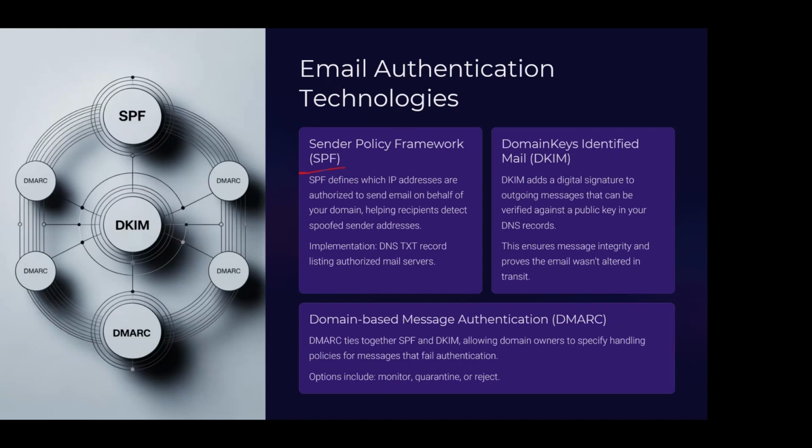This is a standard which defines which IPs are authorized to send emails on behalf of your domain, helping recipients detect any spoofed sender addresses. Then DomainKeys Identified Mail, DKIM, adds a digital signature to the outgoing message that can be verified against a public key in your DNS record. So this ensures integrity. Domain-based Message Authentication, DMARC, ties SPF and DKIM together to specify the handling policies for messages that fail authentication.